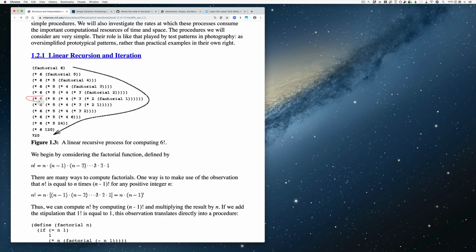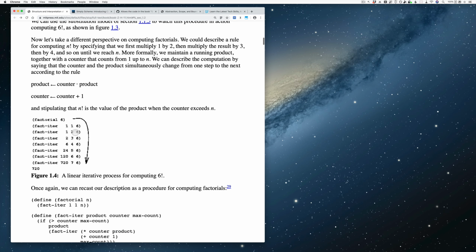Right. So that's like the peak of it, when you have the max information. Whereas at any given point here, you've only got the product, the counter, and the max count.